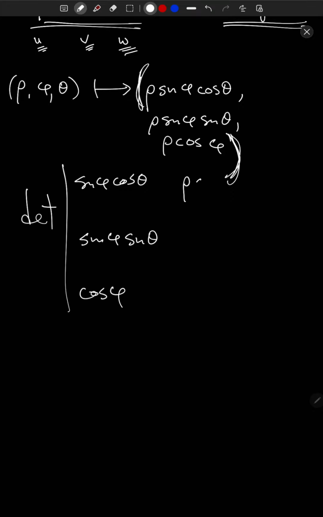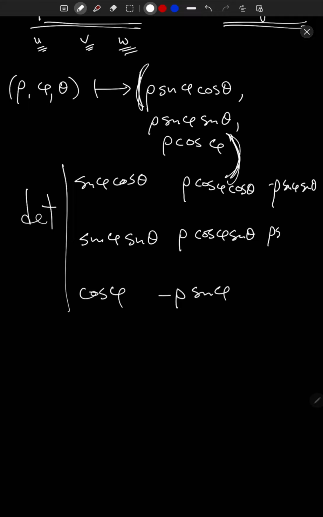So it's going to be rho cos phi cos theta, rho cos phi sine theta, and rho sine phi with a minus sign. And the last column is all three of these entries, x, y, and z, differentiated by theta. So rho sine phi sine theta with a minus sign, rho sine phi cos theta, and then 0.